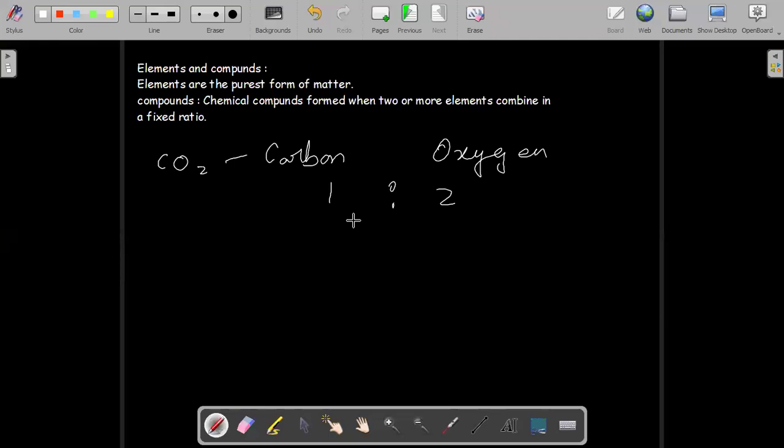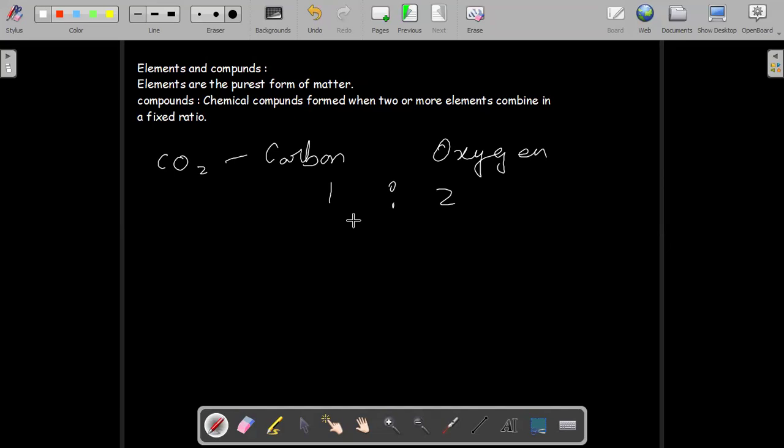Got it? Sir, I have a doubt about solutions. Okay, what's the doubt? Sir, if we mix sugar and water, will the chemical composition change? Because the particles of sugar become attached to the particles of water. Okay, but they can be separated by physical methods.